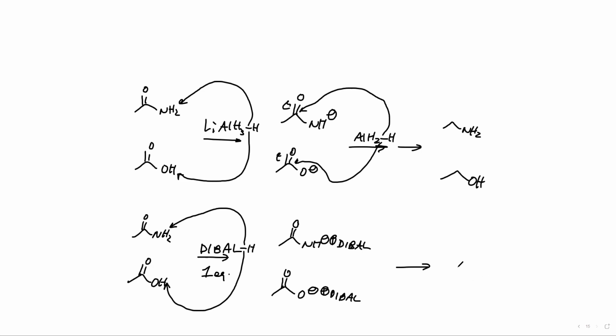Why not just use lithium aluminum hydride then, right? Because lithium aluminum hydride has all 4 hydrides. Why waste DIBAL? You need 2-3 equivalents of DIBAL, and you can just use 1 equivalent of lithium aluminum hydride. Don't be wasteful. So DIBAL is only really good as a base, not really even a reducing agent.